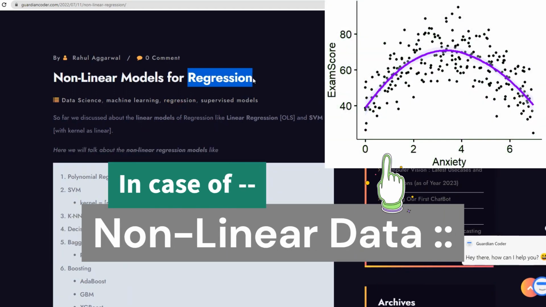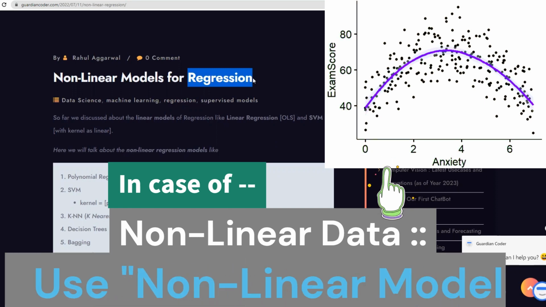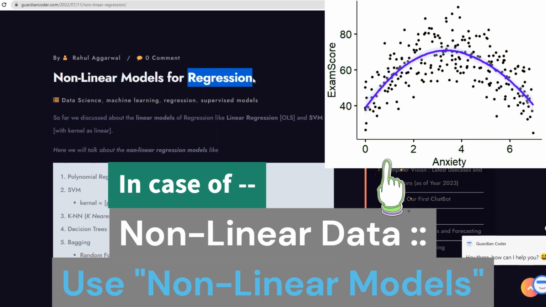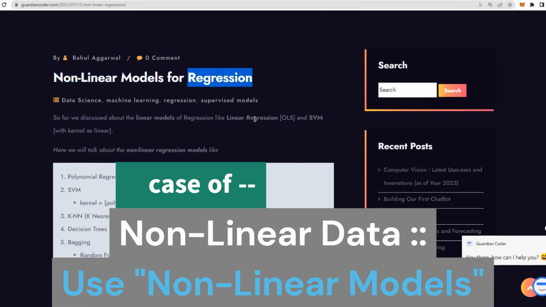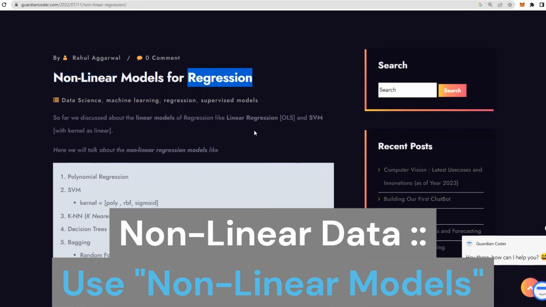So what to do in those cases? Do we have some non-linear models of regression available with us? Yes, we have non-linear models of regression. What that means is either the mathematical equation which is involved is non-linear in nature.